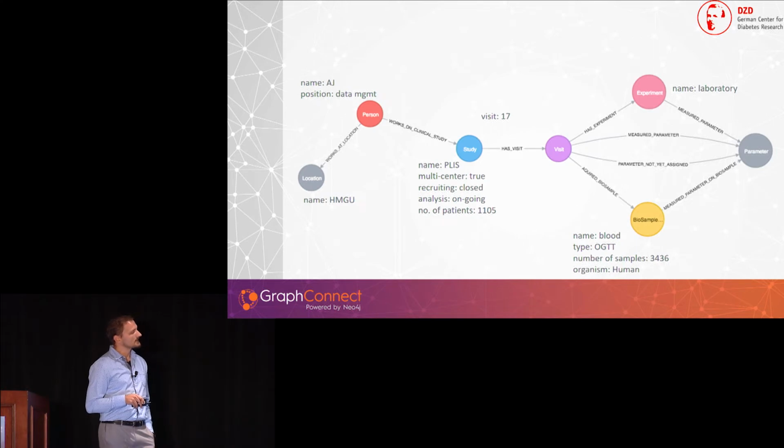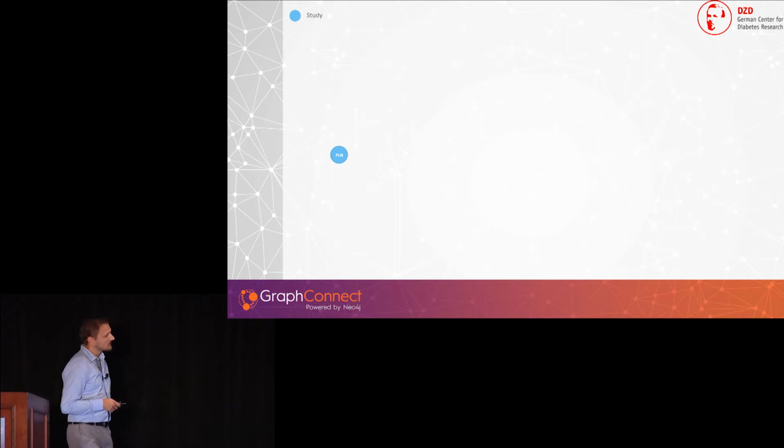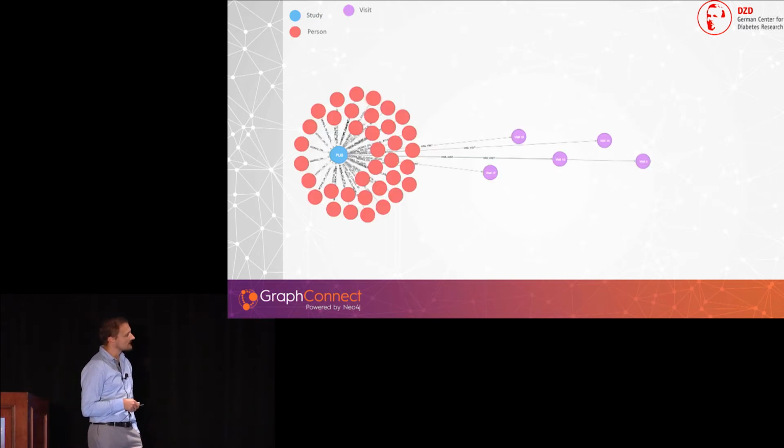We have a clinical study here, and in this study, the patients come in different visits. And in these visits, the doctors make different experiments, and they measure parameters. And in some of the visits, they acquire some biosamples that they store and measure the data on. And now our medical doctors can go to our Neo4j graph database. They can get their clinical study here, then they can extend it.